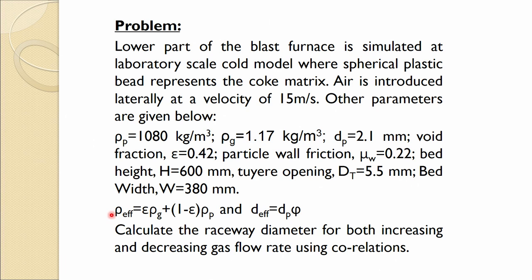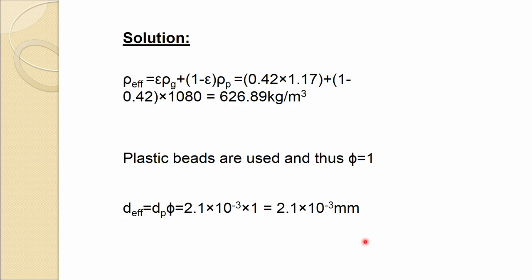And as we know, the rho effective is given by this and D effective is given by this. So, calculate the Raceway diameter for both increasing and decreasing gas flow rate using the correlations which were discussed before.